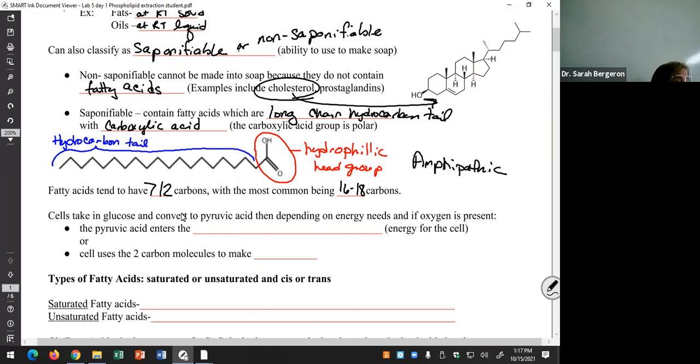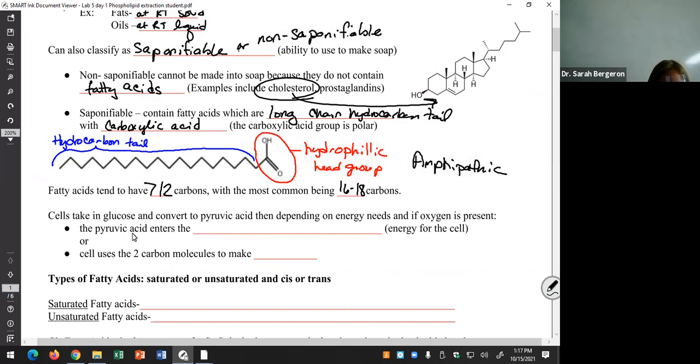You go through glycolysis, then the Krebs cycle, and then the electron transport chain. And what do you get at the very end? ATP. You have to do this in the presence of oxygen. That first real conversion is to take glucose and convert it to pyruvic acid.